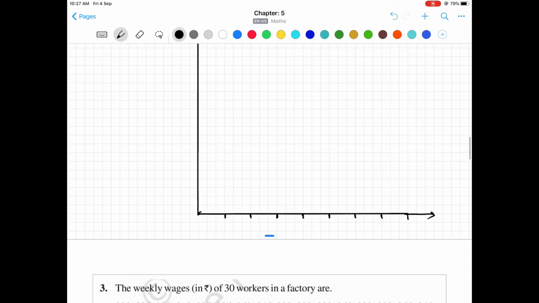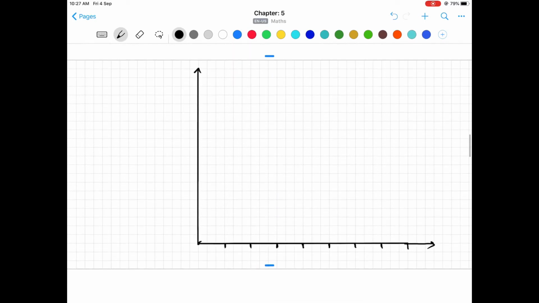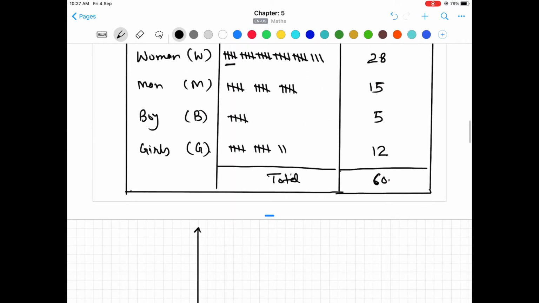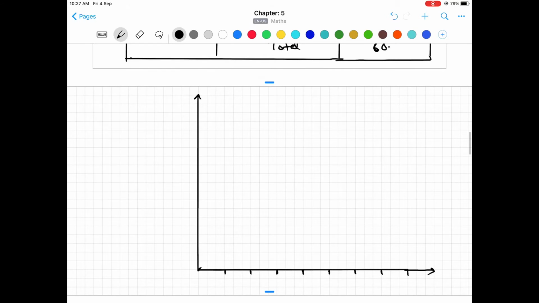Similarly, on this axis we'll write the number of shoppers. So you can see the least data that we have is 5 and the highest data that we have is 28. So we can mark the points on this vertical axis according to ourselves. Let's take from 0 here, 0 to 5, 10, 15, 20, 25, 30, or you can take a little more gap.